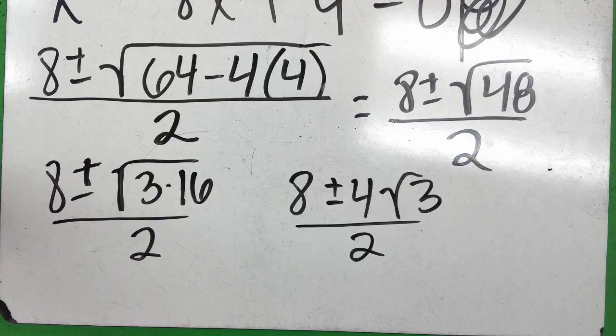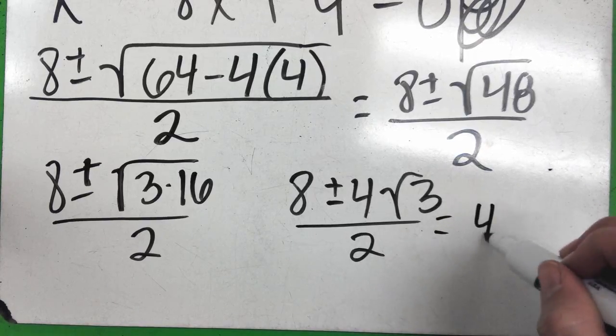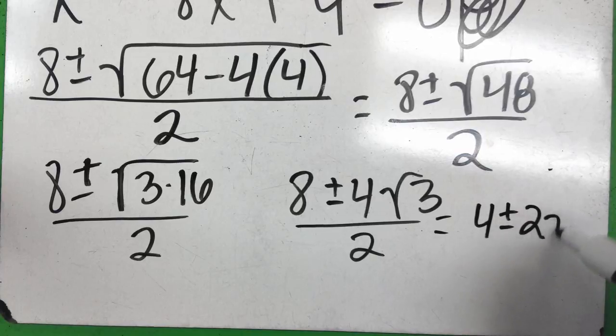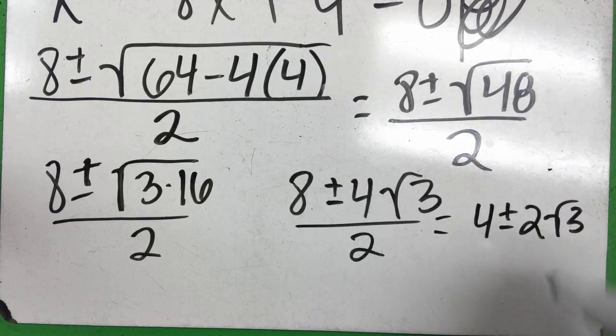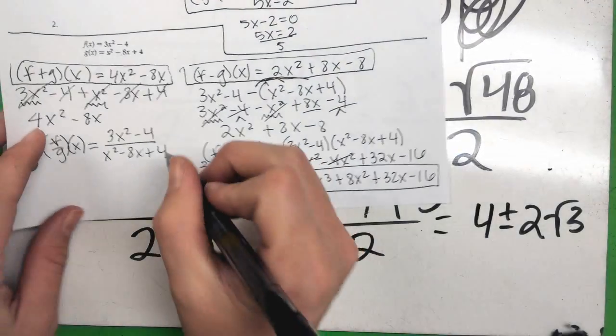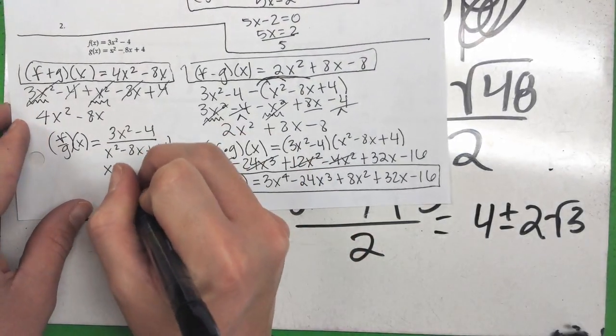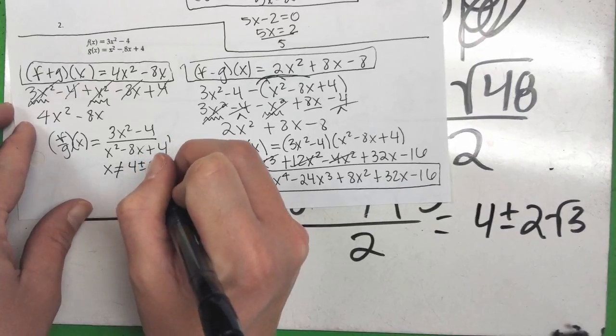Okay, how many times does 2 go into 8? Into 4? Into 2? Do I have to put over 1? No. So, let me fix this. 4 plus or minus 2 square root of 3 is what you would put right here. Comma, x cannot be 4 plus or minus 2 square root of 3.